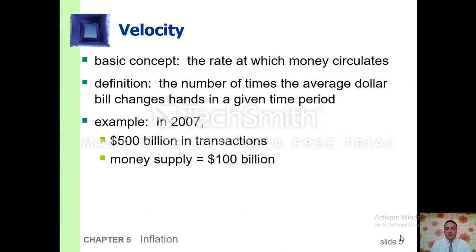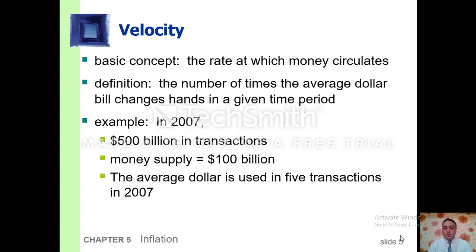So the available money in the economy is $100 billion, and the individuals make transactions of $500 billion. What is the velocity in this case? The average dollar is used in 5 transactions in this year, so the velocity is 5.